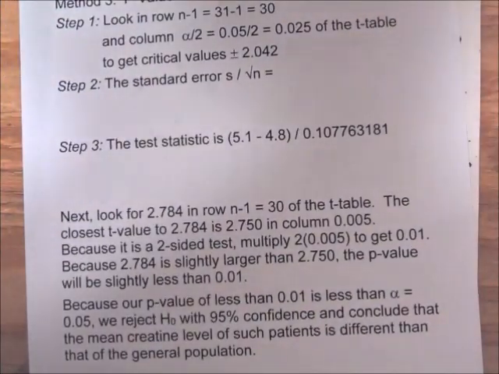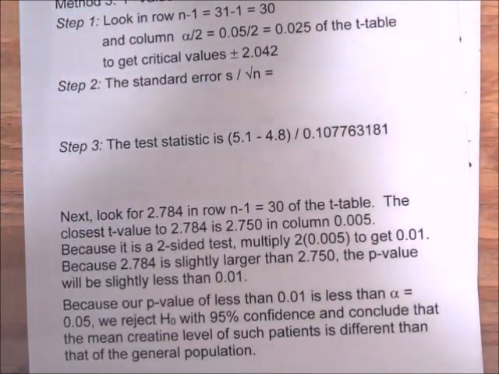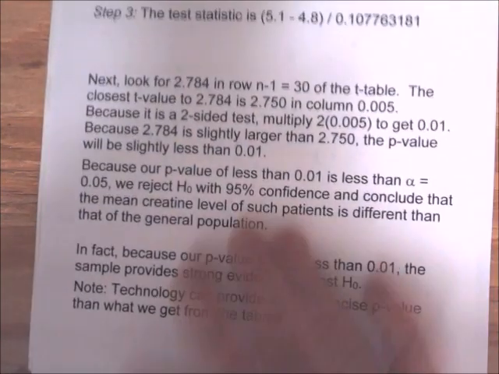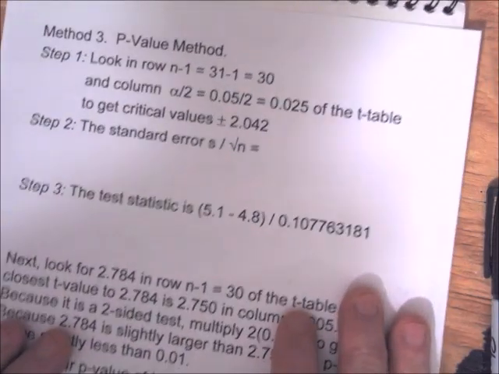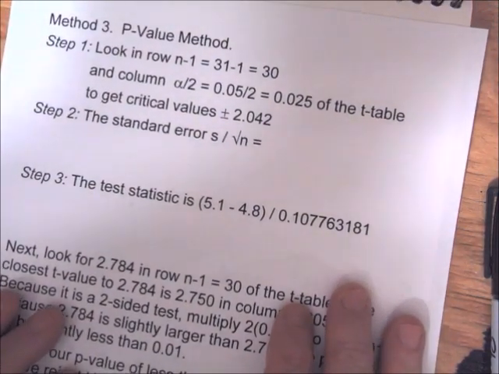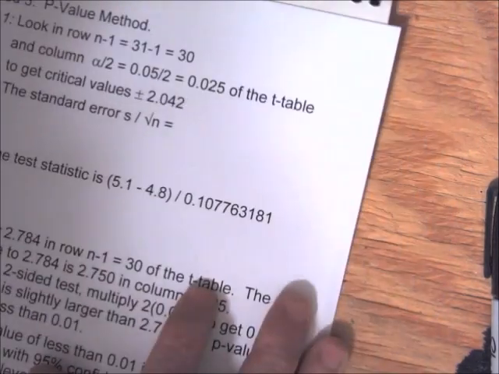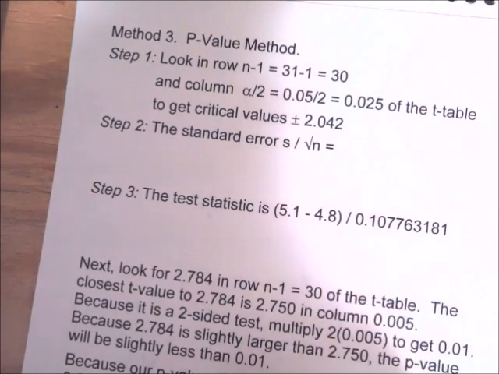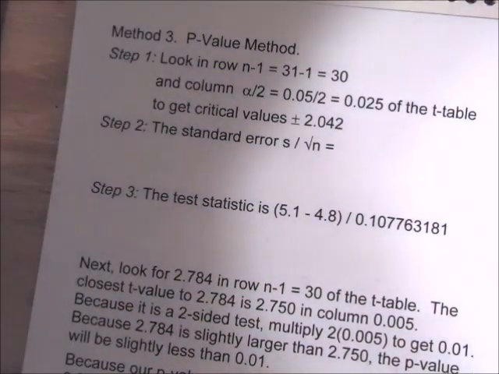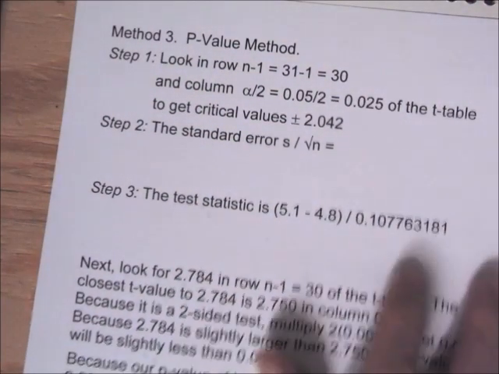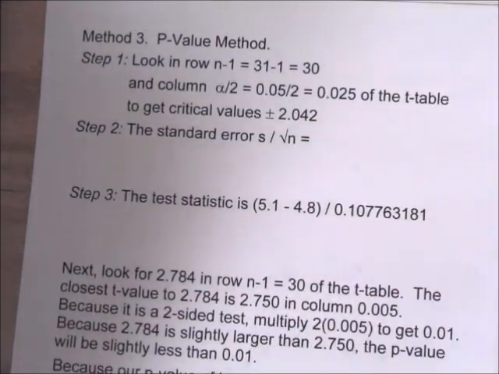Now, with the p-value method, it's hard to compute an exact p-value from our tables, but we can maybe estimate it from the tables. With today's technology, you can just get it from a computer, but we can estimate it from the table here.